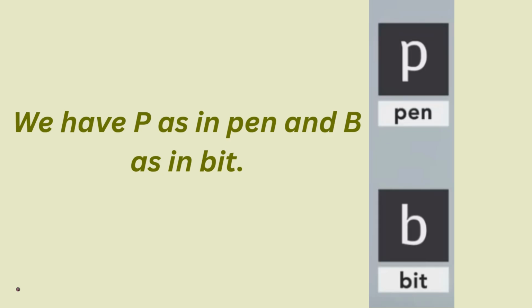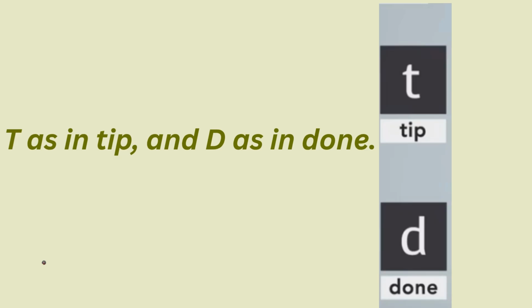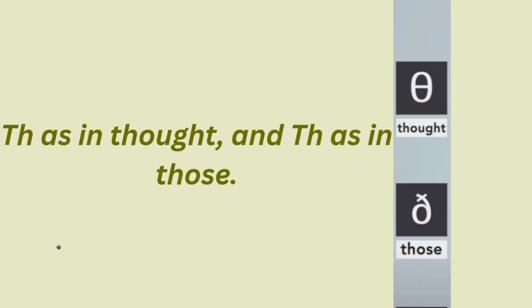We have P as in pan and B as in bit, F as in fig and V as in vase, T as in tip and D as in done, th as in thought, and th as in those.